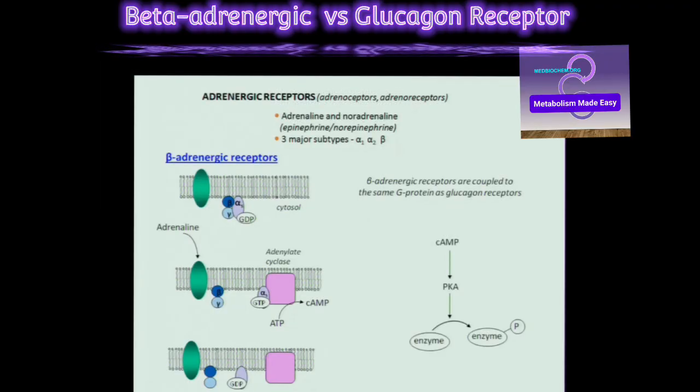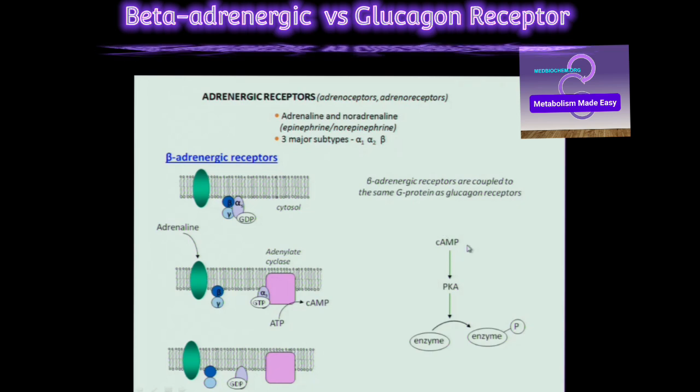I just want you to appreciate the effects of cyclic AMP. Before receptor activation, there was no cyclic AMP. This is what I want you to appreciate. After receptor activation, cyclic AMP goes up.